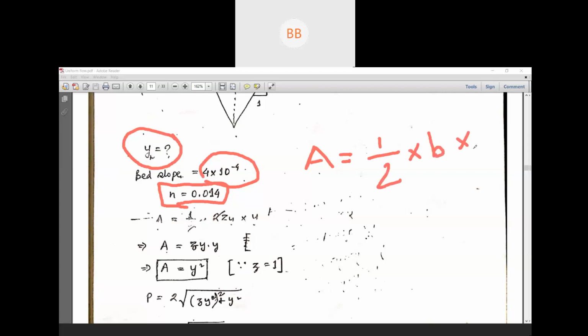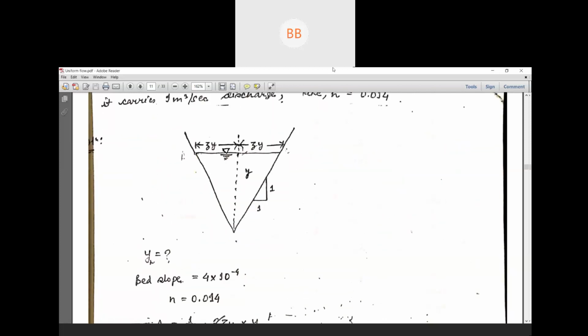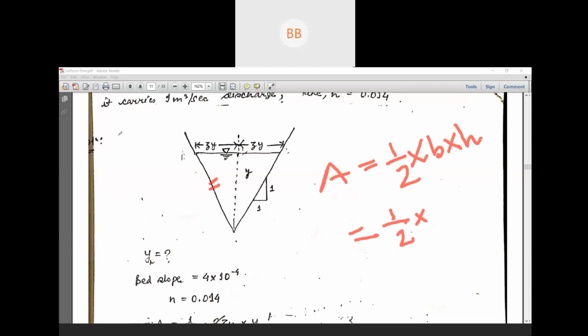So here in this triangle, the base is this side.